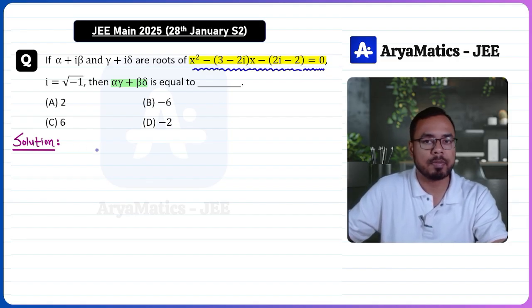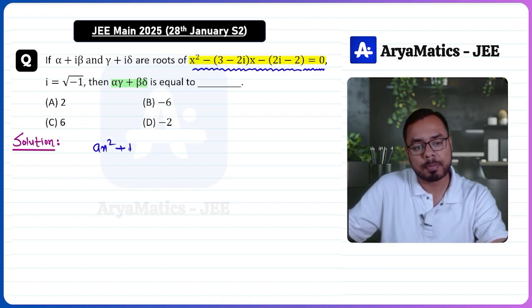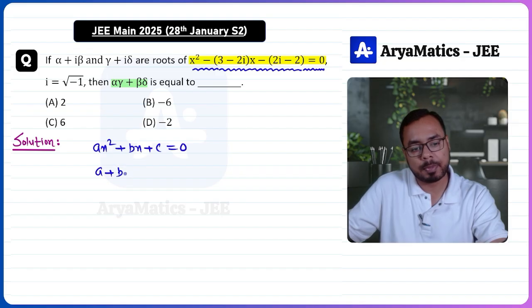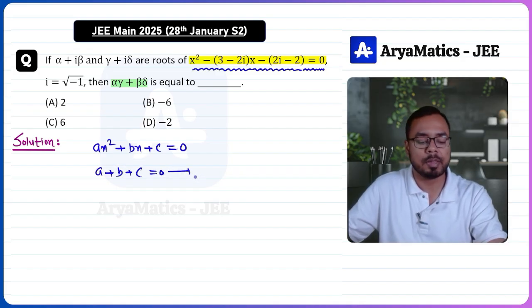The concept is that if I have a quadratic equation of this form, ax square plus bx plus c equals 0, and in this quadratic equation, if the sum of coefficients is 0, that means if a plus b plus c is 0, then without solving, you can find the roots of this quadratic equation.